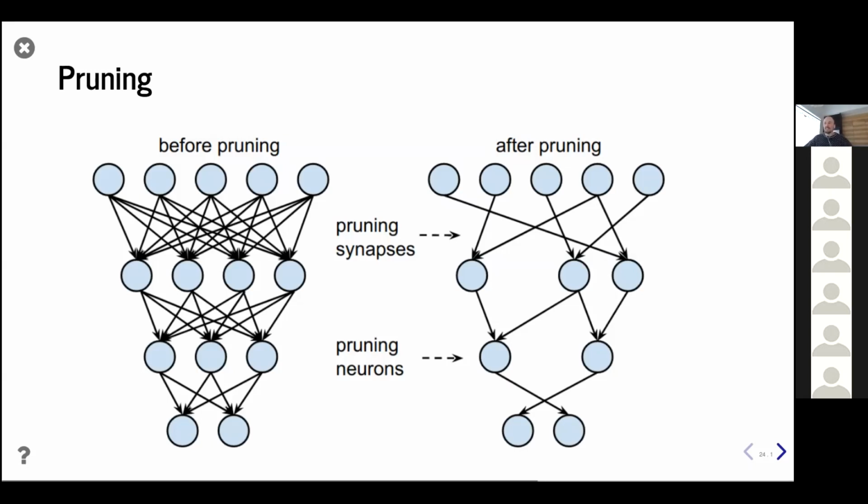And you can do this in a number of different ways. You can imagine a scheme where you try to prune for connections. So you try to find connections that are not important and remove them. And you can also have a look at a situation where you actually remove nodes in total from your model.